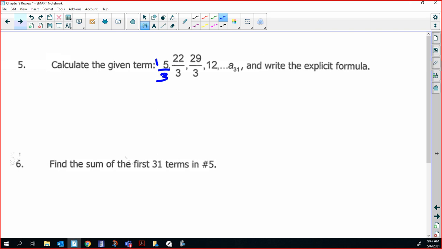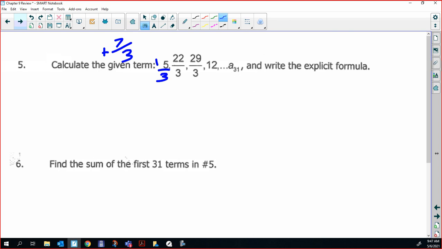And now it's actually a little bit easier to see that this is arithmetic because the denominator is not changing and the numerator is going up by 7 every single time. So it is adding 7 over 3 every time. It's a little bit complicated, but it is arithmetic.